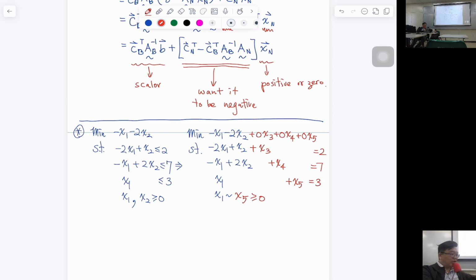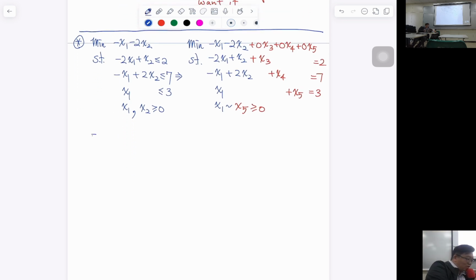After introducing the slack variables, all variables from x1 to x5 are either positive or equal to 0, and every inequality constraint has one unique slack variable, different from the other equations. And also in the objective function, the new slack variables exist, but they have 0 coefficient. So it doesn't actually change the objective function. Now, write everything into a vector and matrix form.